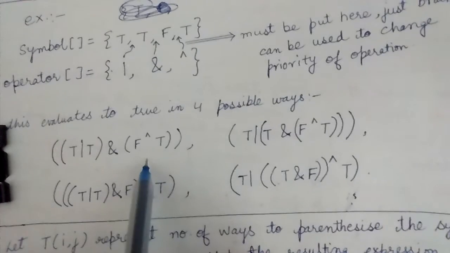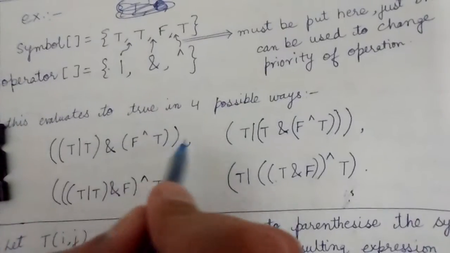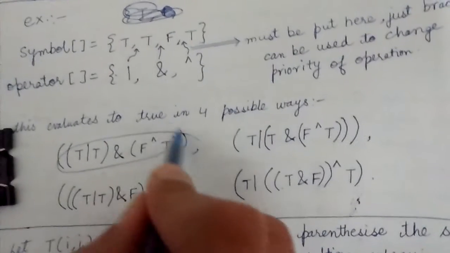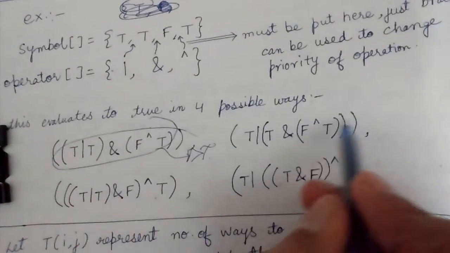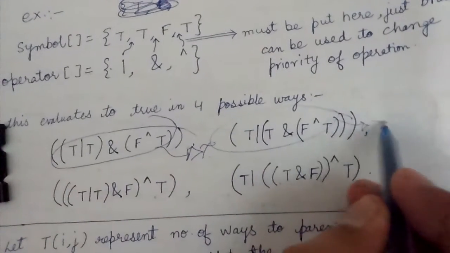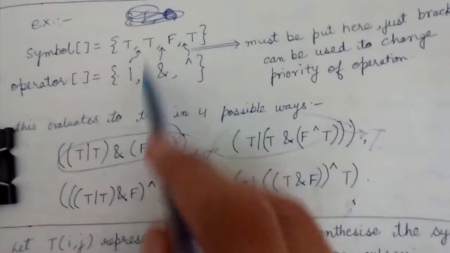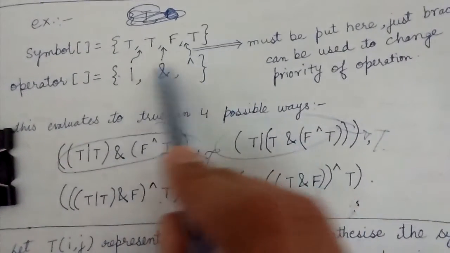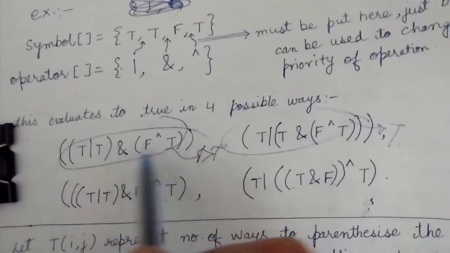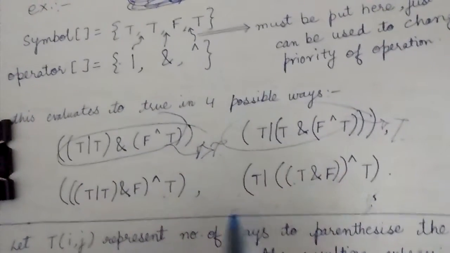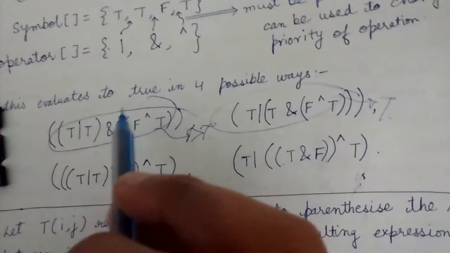So what our aim is? Our aim is this: the final value of this expression should be evaluating to true. So all these values are true. So this particular expression, if pronounced, will be same, but just the way we place these brackets is different in these four, and there can be many more, but they result in false values, so we don't consider them.